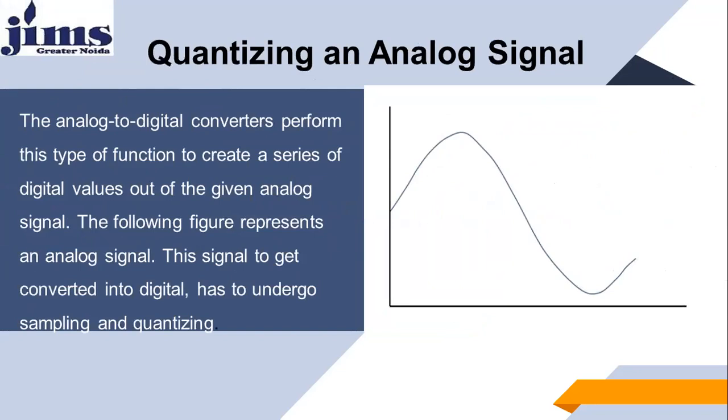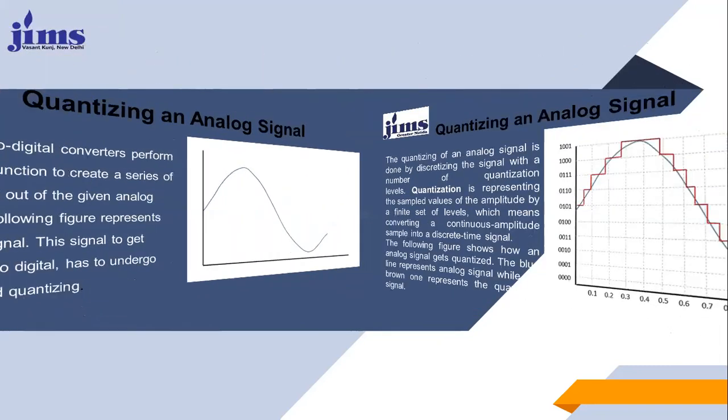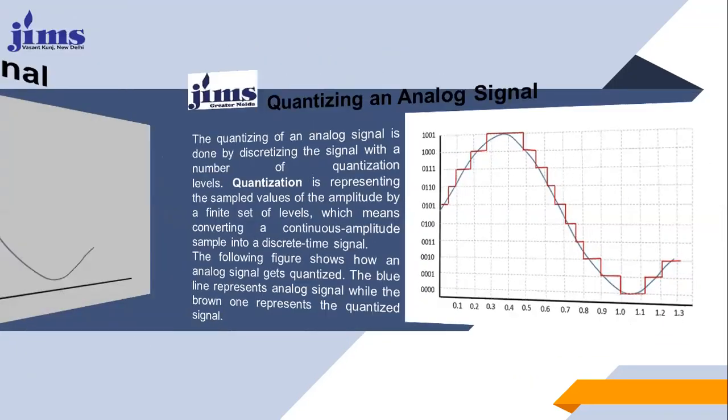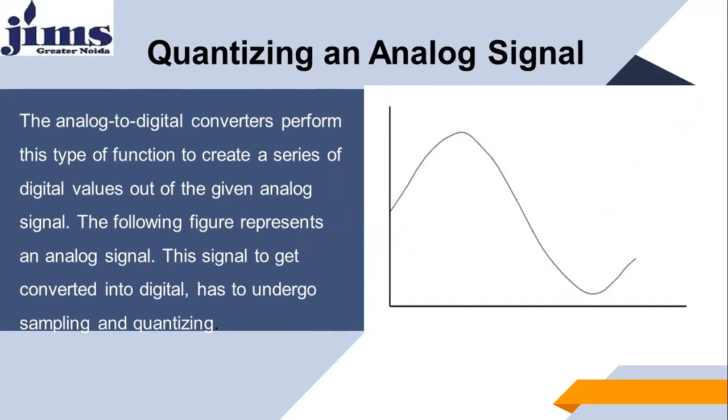Look at this figure. This is an analog signal that you see on the screen. The analog to digital converters perform this type of function to create a series of digital values out of the given analog signals. This signal, to get converted into digital, has to undergo sampling and quantizing. The meaning is that the signal that you see on the screen is an analog signal, and to convert this analog signal into a digital signal, you should perform a process of sampling, then a process of quantizing, right?